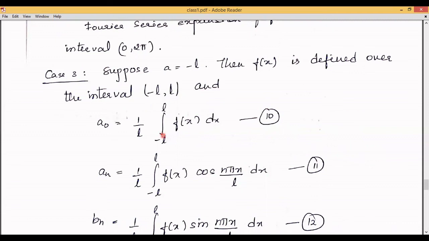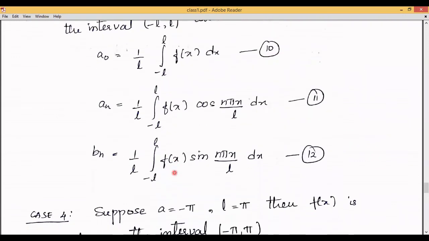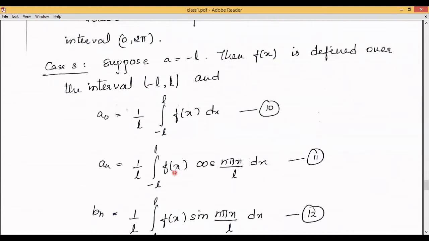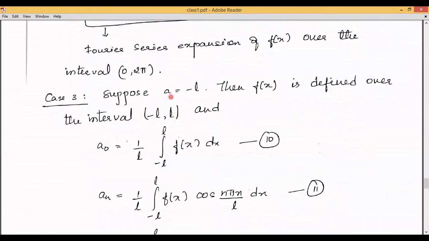See here, only the limits are getting changed. Actually, in general, the limits were a to a plus 2l. Here, a is minus l, therefore minus l to minus l plus 2l, that is l. So minus l to l. Here, only the limits get changed because there is only a change in a.